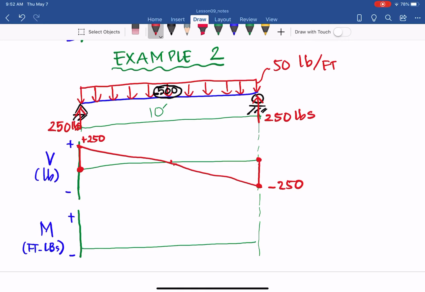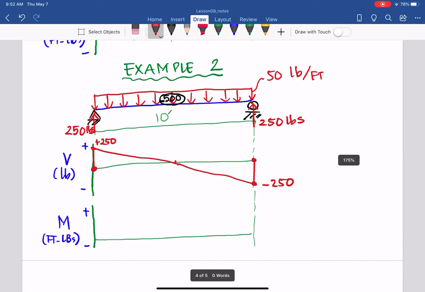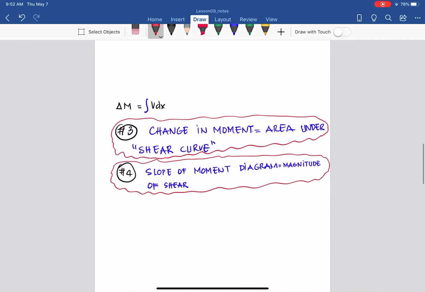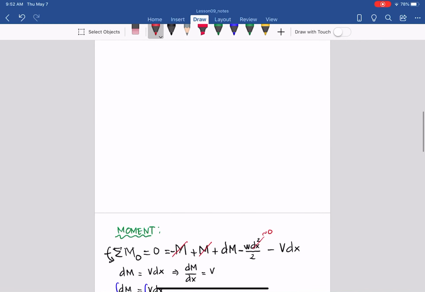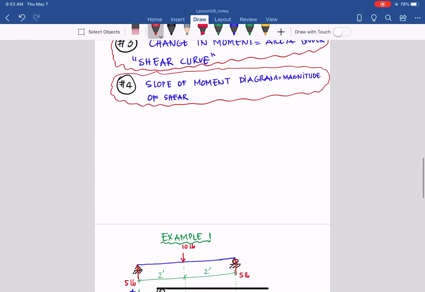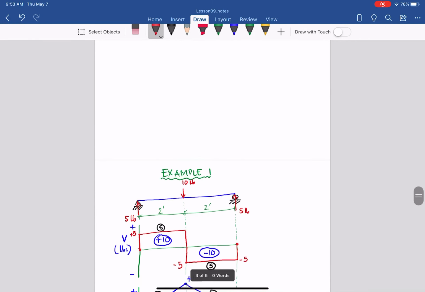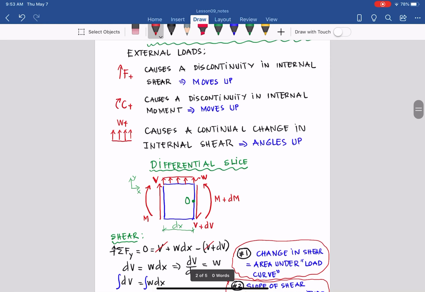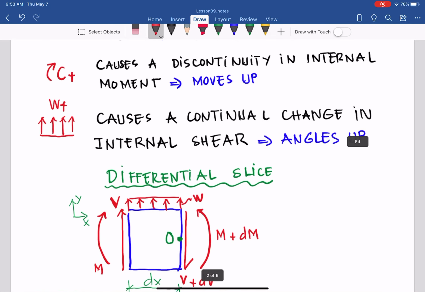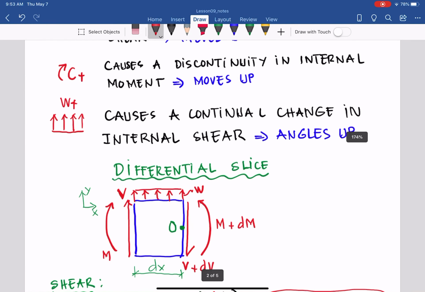So I say always start at 0 from the left, go continuously to the right, and then stop at 0. And as you can see, going back to the distributed load for the sign convention, it causes a continual change in the internal shear, and goes up if the W is going up, right?